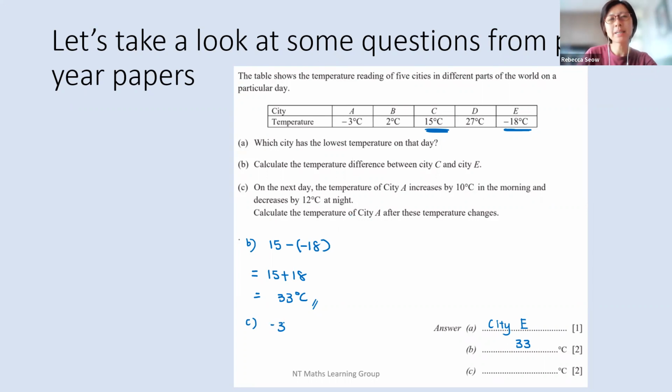If it increases by 10 degrees Celsius, that means we take negative 3 plus 10, we have 7 degrees Celsius. And if it goes down by 12 degrees Celsius, that will be 7 take away 12. Answer will be negative 5. So the temperature will be negative 5 degrees Celsius.